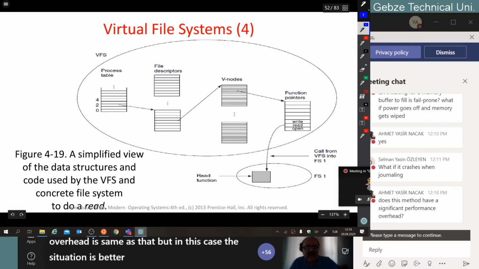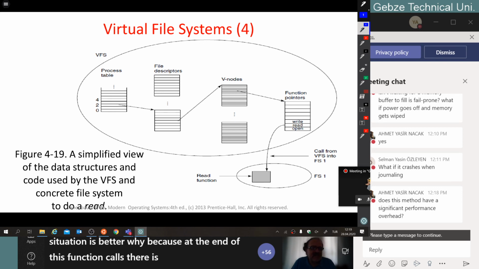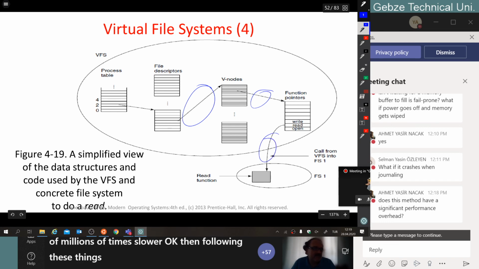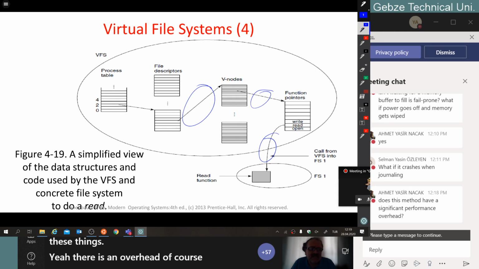Because at the end of these function calls, there is a disk read write, and disk read write is thousands of millions of times slower than following these links. Yeah, there is an overhead, of course, but compared to disk read write, secondary storage access, this is ignorable. This is very, very small.